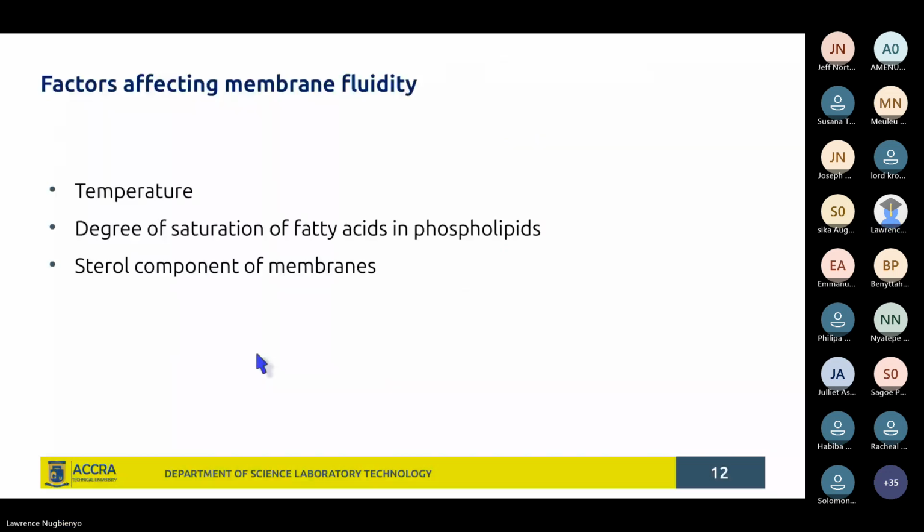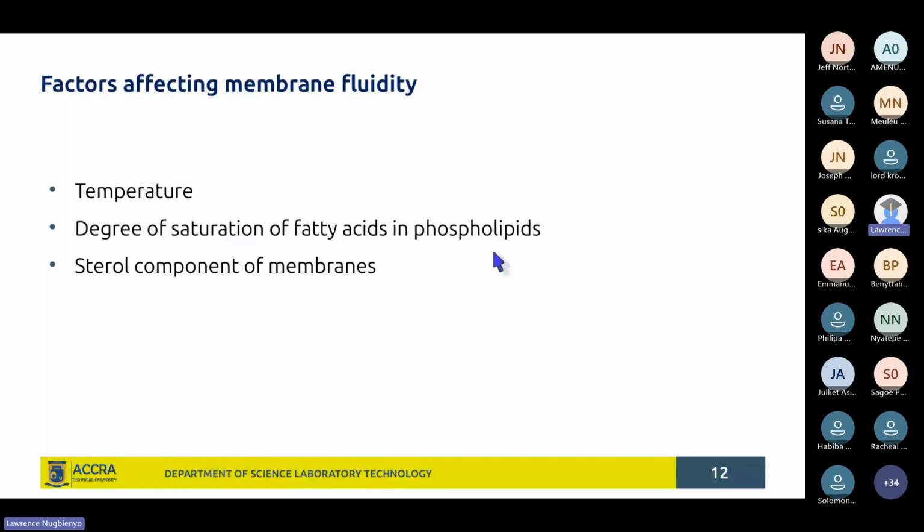Right. This brings us to a simple conclusion that there are factors that affect membrane fluidity, which can be temperature, as we've just seen, and even from our last lecture, the degree of saturation of the fatty acids, how many double bonds are in there or no double bonds, will also affect membrane fluidity.